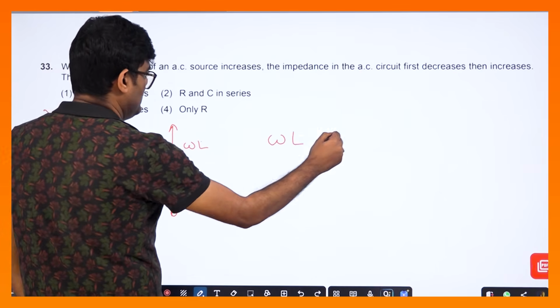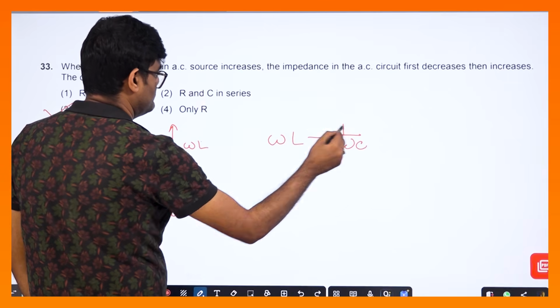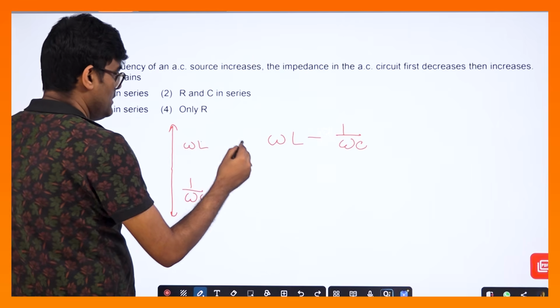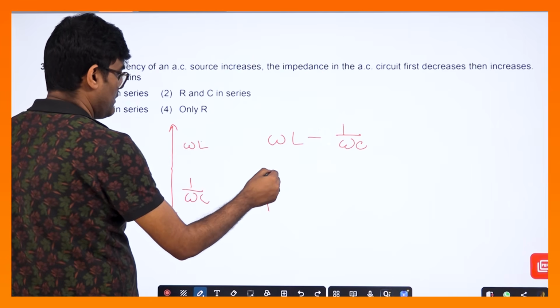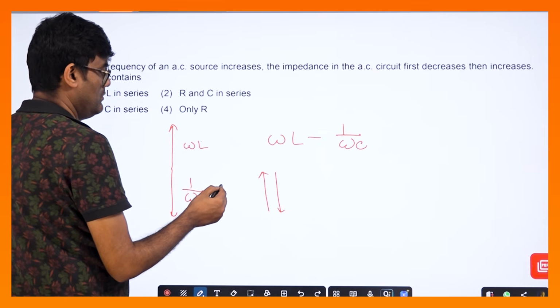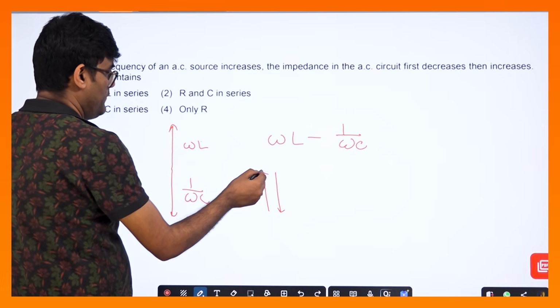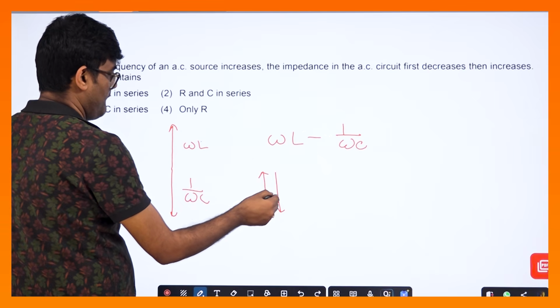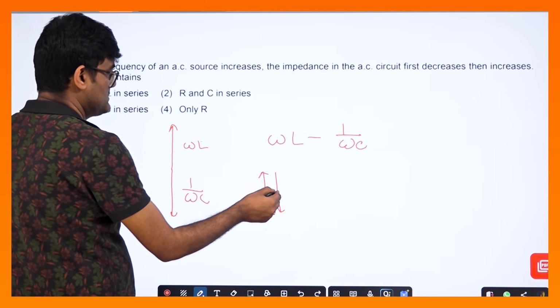These two vectors you can see now. Suppose this is omega L and this is omega C. If they are initially 0 and I increase it, then this will decrease.